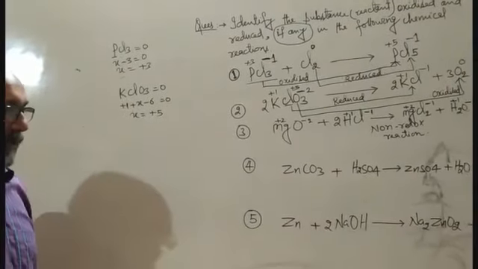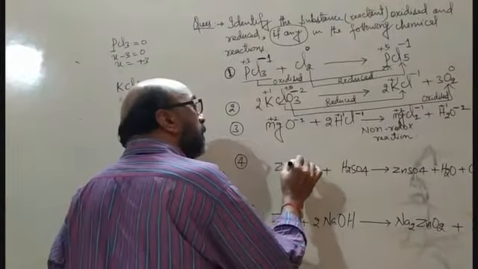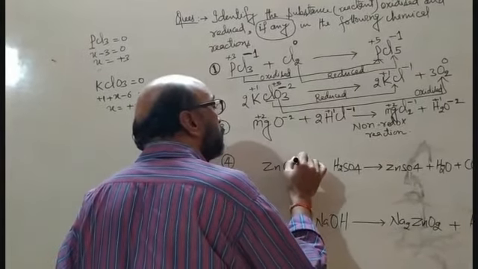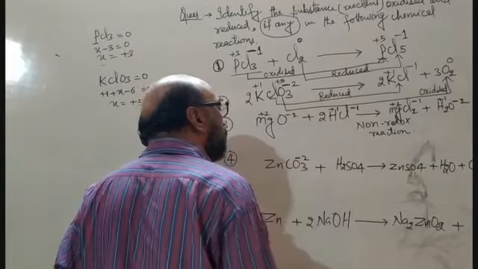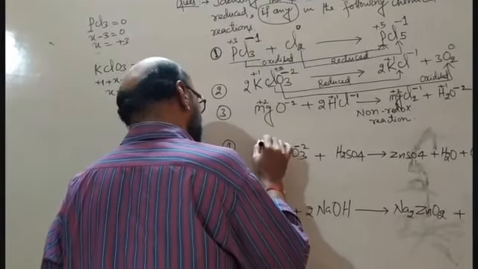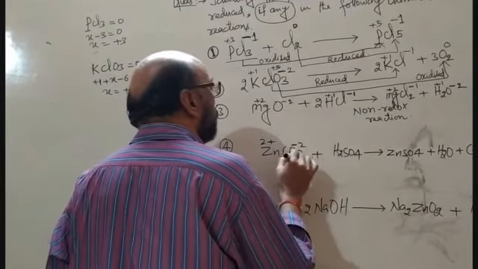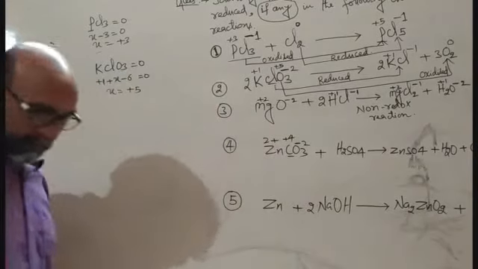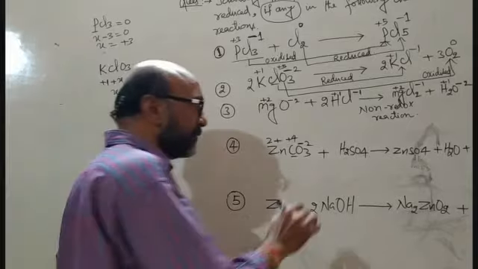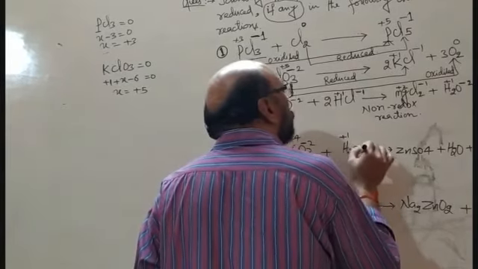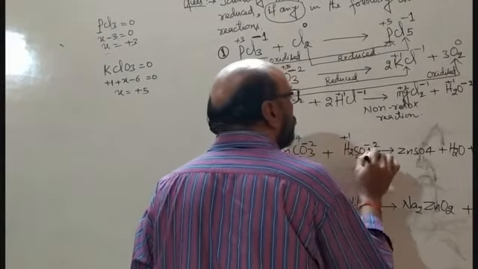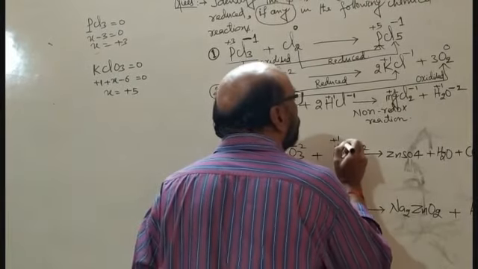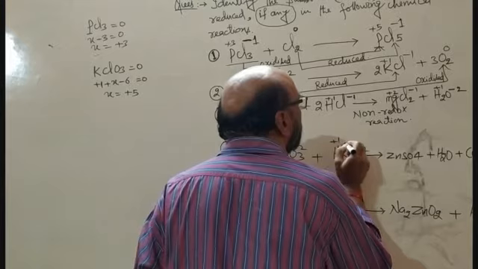Now in the next reaction, the oxidation state of oxygen is minus 2, zinc is plus 2. You calculate the oxidation state of carbon, it will be plus 4. Plus 1, oxygen minus 2. You calculate the oxidation state on rough paper. You know now how to calculate the oxidation state of sulfur.